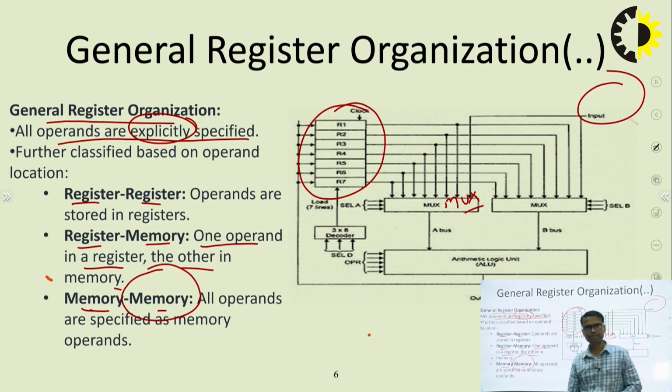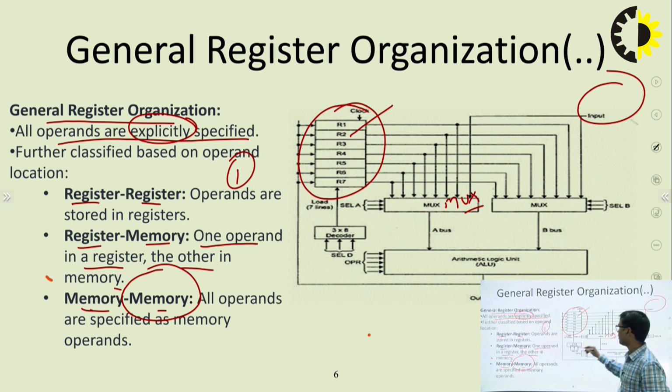Fine. Or we can have all these three combinations: first, both data are from the register itself, second, one from this register and another from the memory, and third, both in the memory. Okay, so this is called a general register organization.